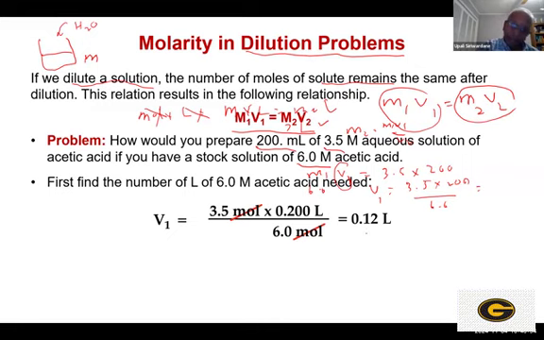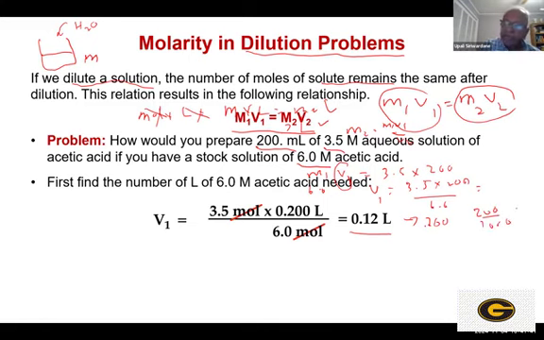You get, if you take stock solution, 0.012 liters, then add water to prepare a 0.2 liter solution. That's 200 divided by 1000.